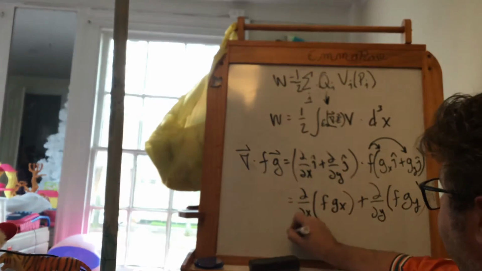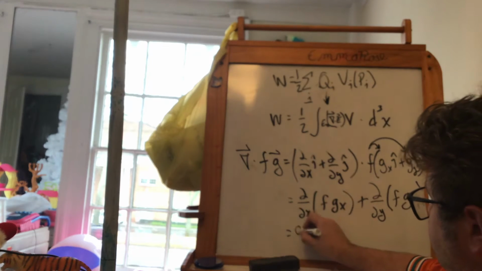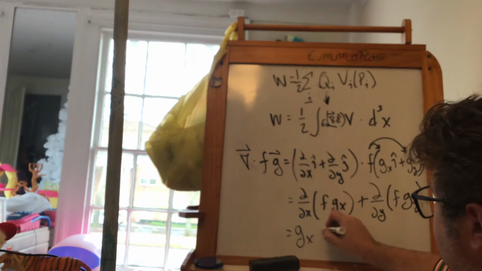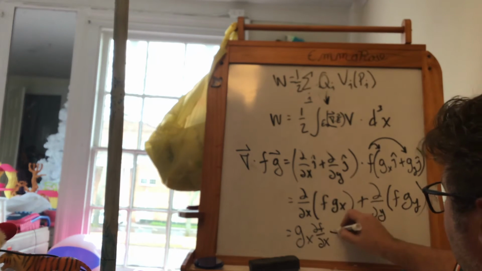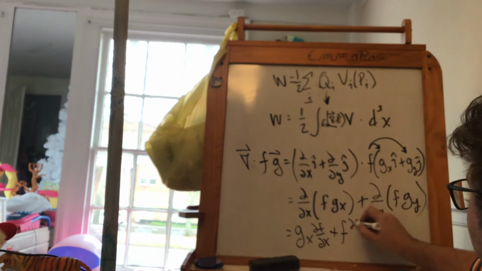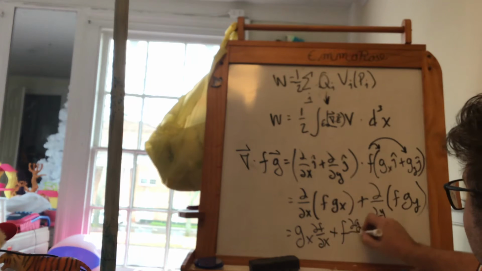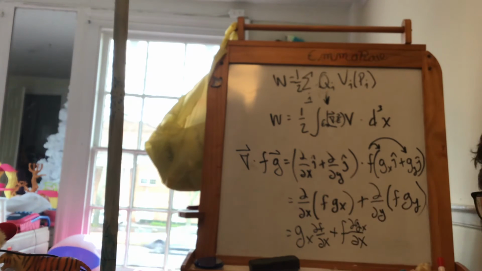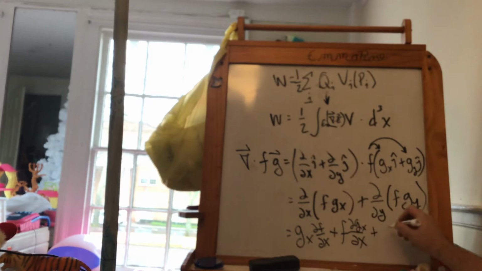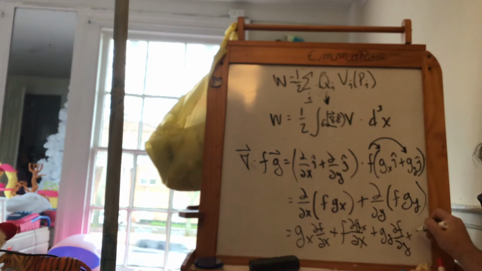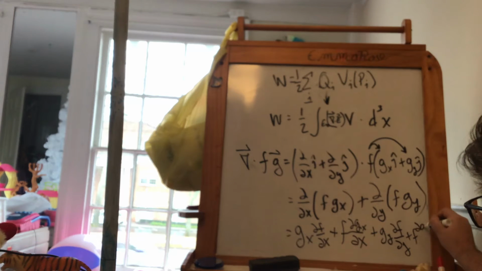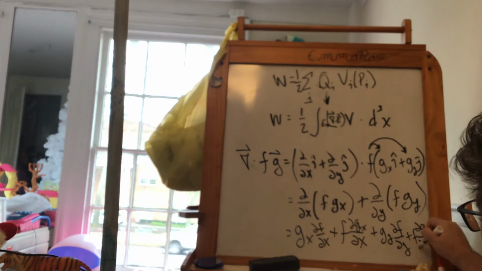So I get two terms, g_x times the partial of f with respect to x plus f times the partial of g_x with respect to x, plus g_y df/dy plus f dg_y/dy.